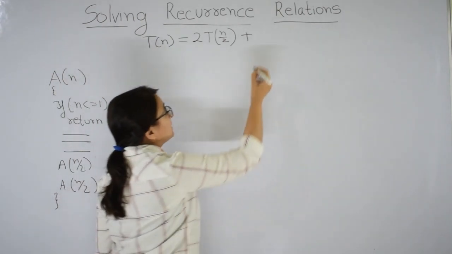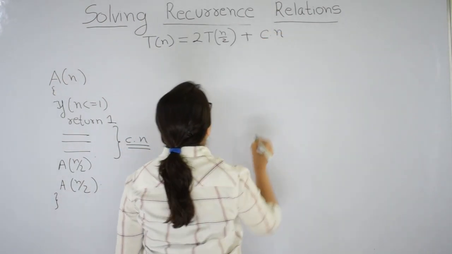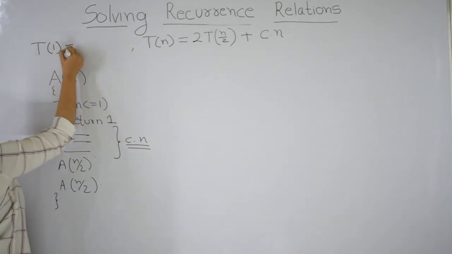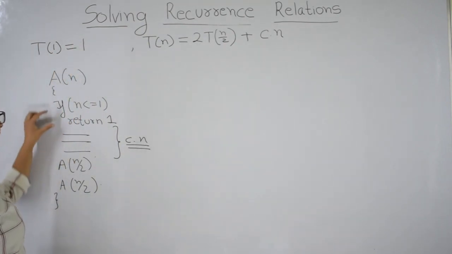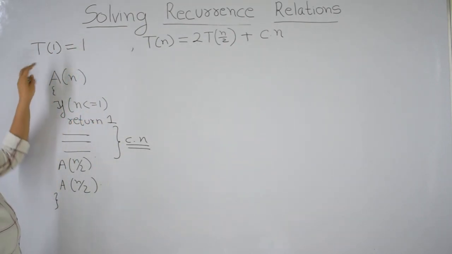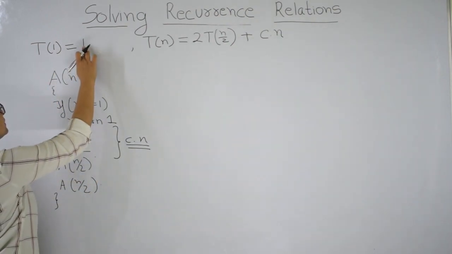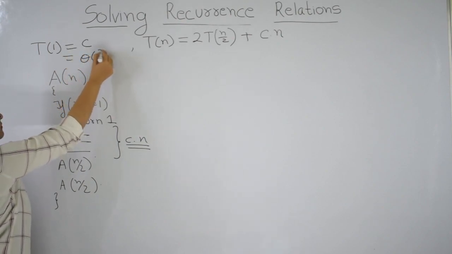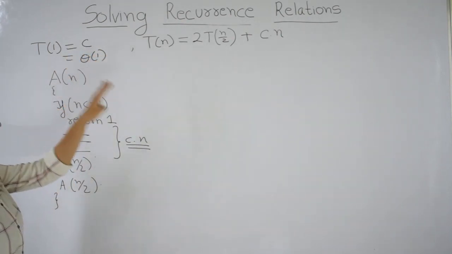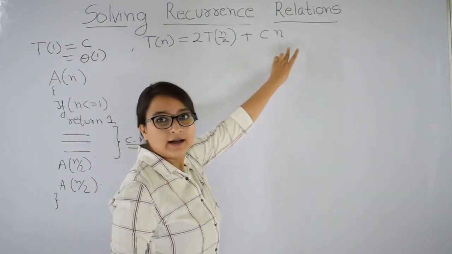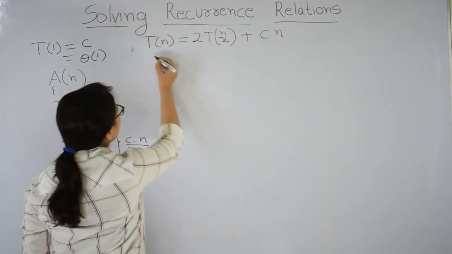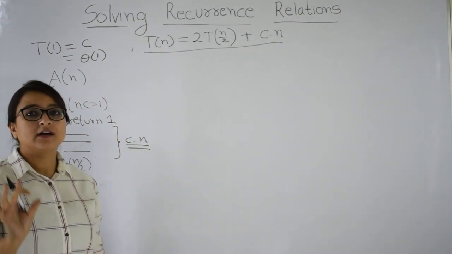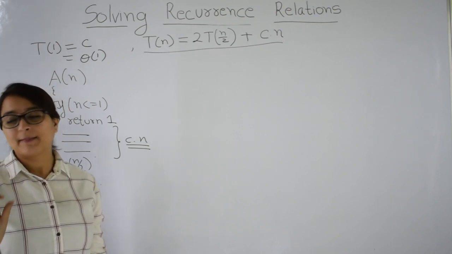So plus c into n. And I'll also say that T of 1 is equal to 1, so when n is less than or equal to 1, return 1. You can also say c, we can write c as theta of n, it's the same thing. Here also c into n. Okay, so I am going to solve this recurrence equation using the recurrence tree method.